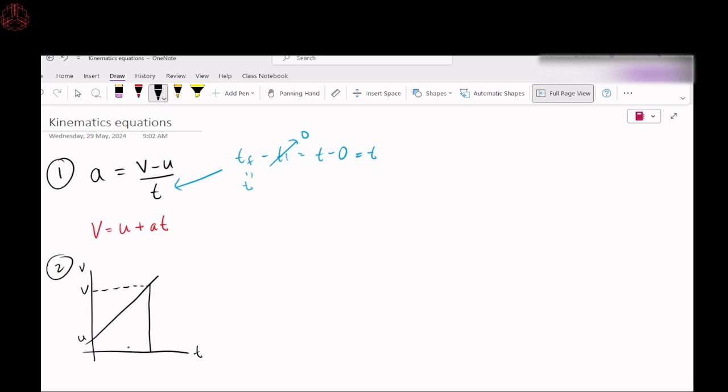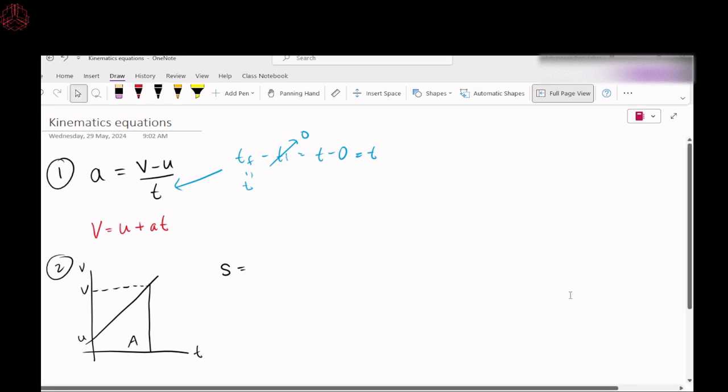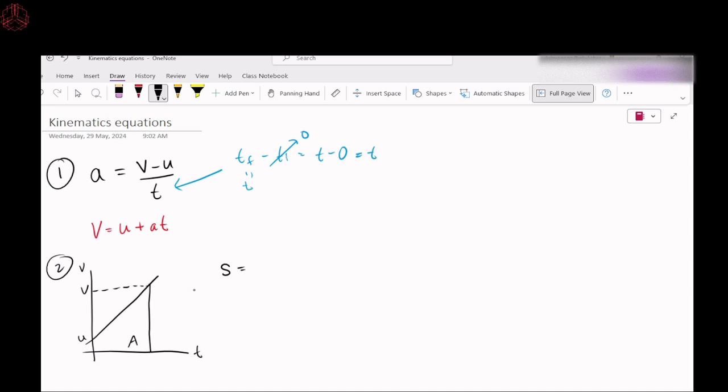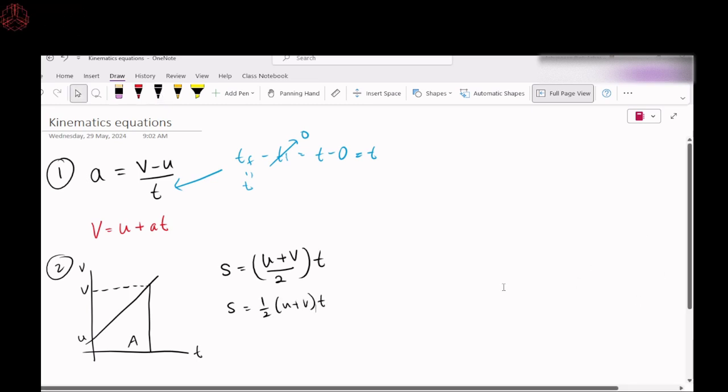So the area under the graph simply represents the displacement. So based on a trapezium, I will have displacement is equal to u plus v over 2 times t. A nicer way of writing this is just half u plus v times t. So that's how I would do it. Again, this is an equation that you'll need, so I'm going to put it in red.